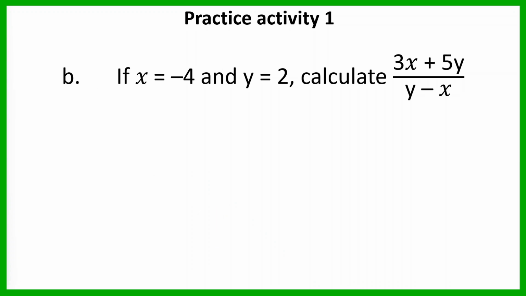In question B, you have to find the value of the expression 3x plus 5y over y minus x if x is equal to negative 4 and y is equal to 2.